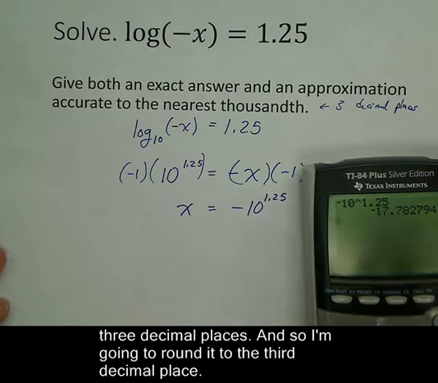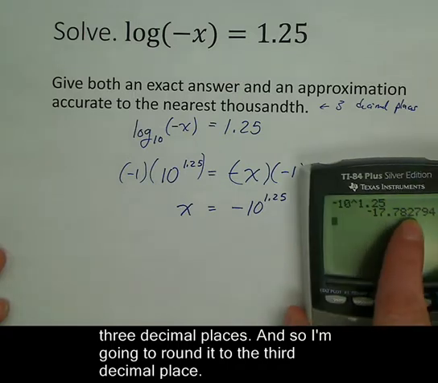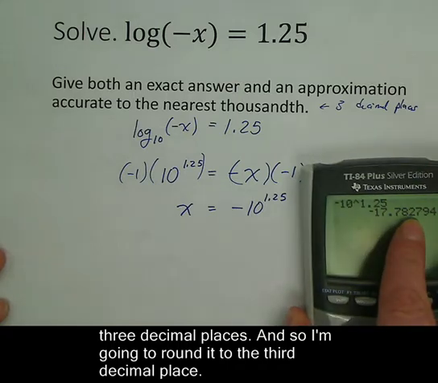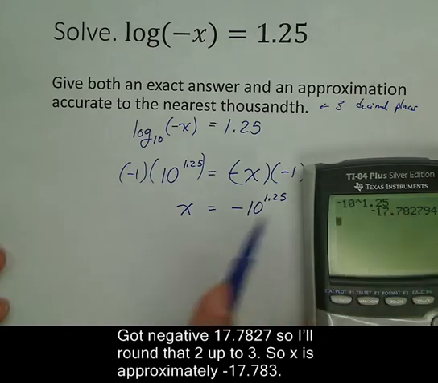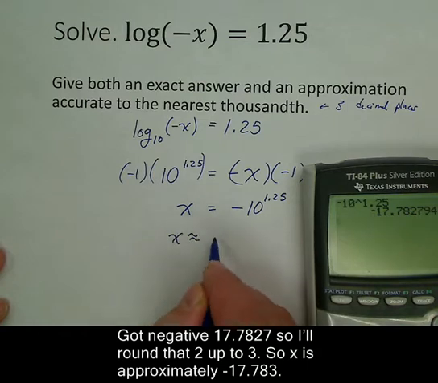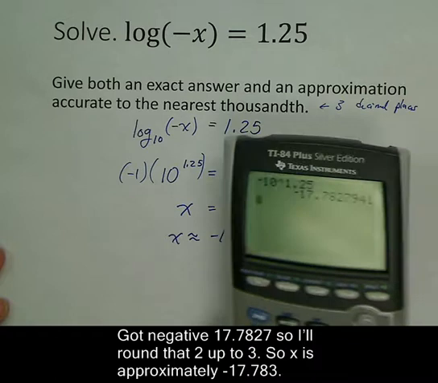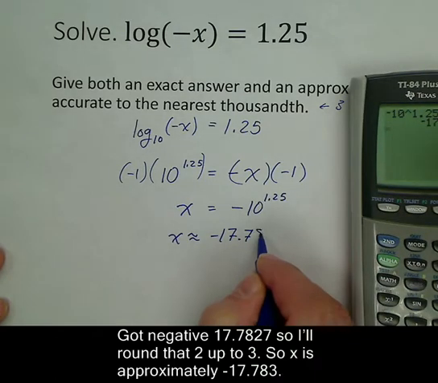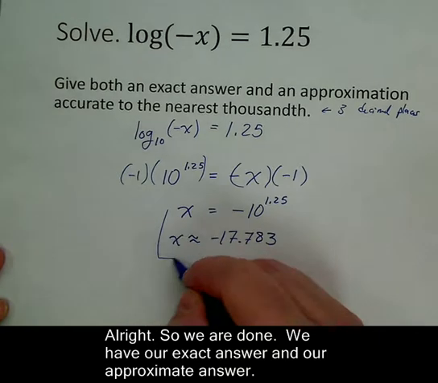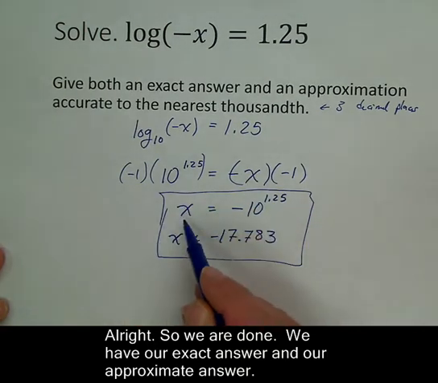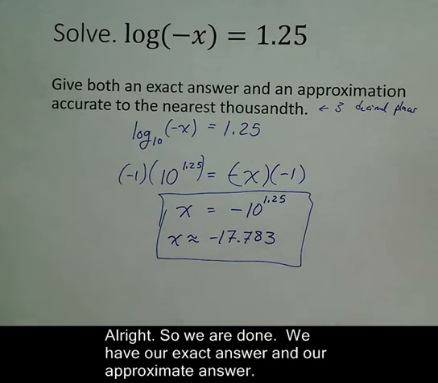And so I'm going to round it to the third decimal place. Got negative 17.7827, so I'll round that 2 up to 3. So x is approximately negative 17.783. All right, so we are done. We have our exact answer and we have our approximate answer.